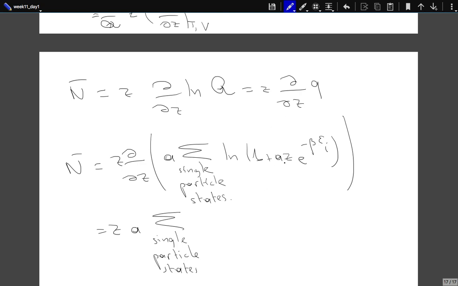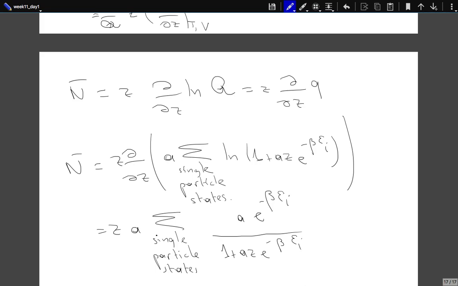Well, if I take the derivative with respect to z of this one, that becomes 1 plus, no, there's no 1. A e to the power minus beta epsilon i, divided by 1 plus a z e to the power minus beta epsilon i.